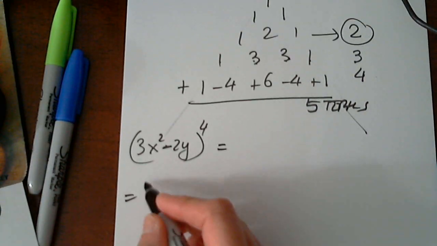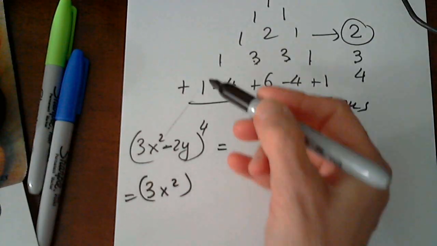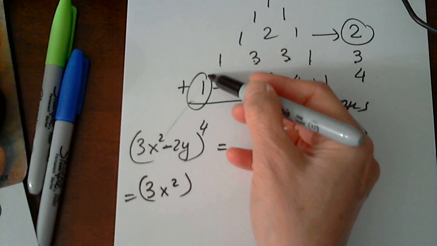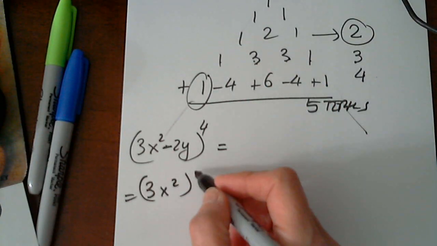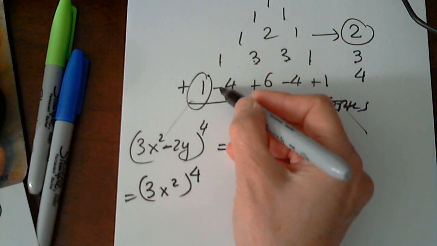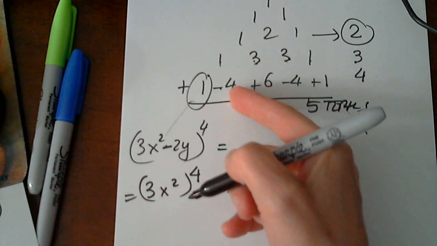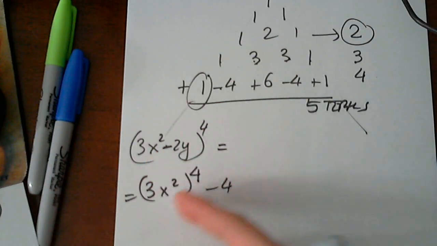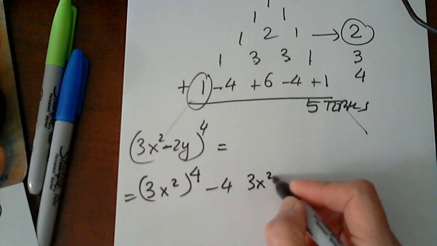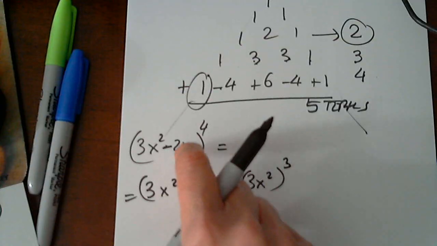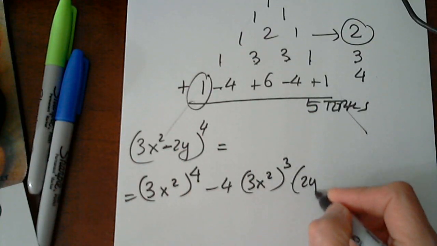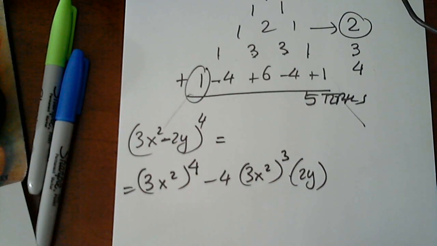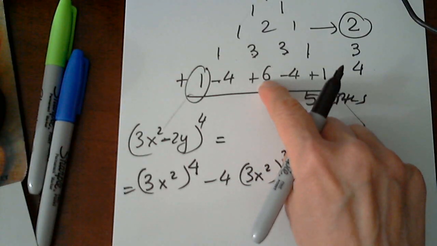So the first one is 3x² with 1 in front, but power 4. Then minus 4. 3x² decreases its power to 3, but now the other term pops in to power 1. I'm here, plus 6.